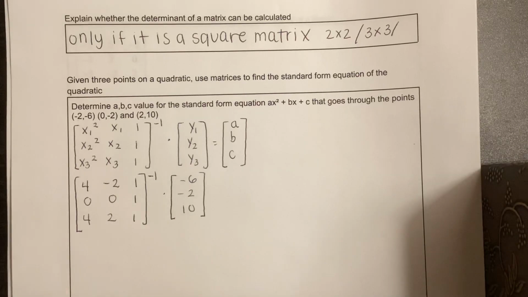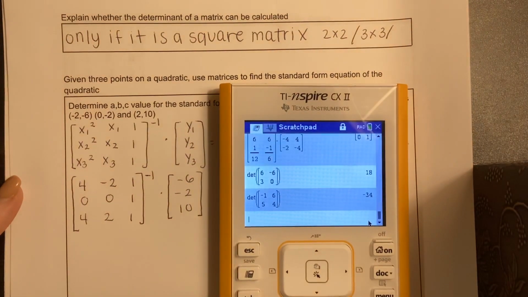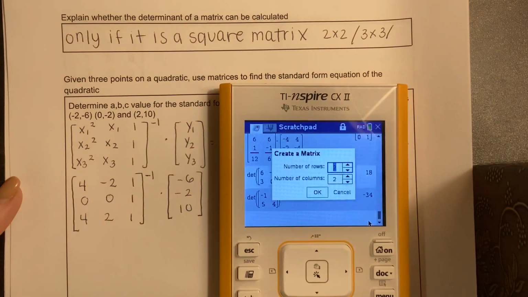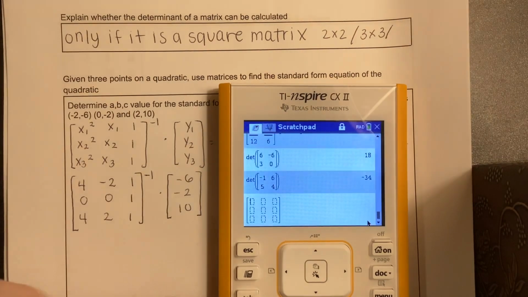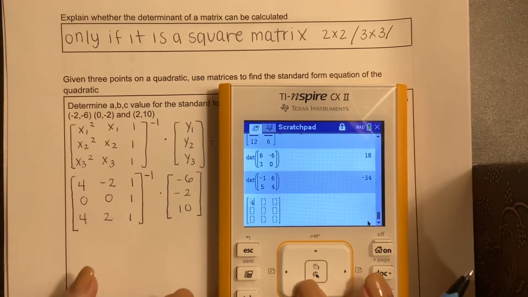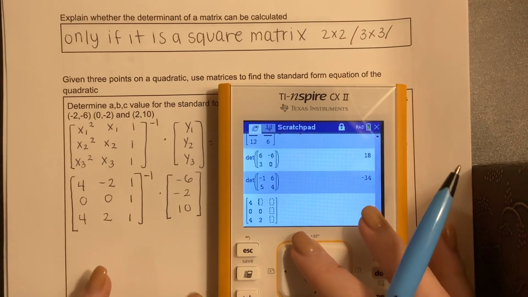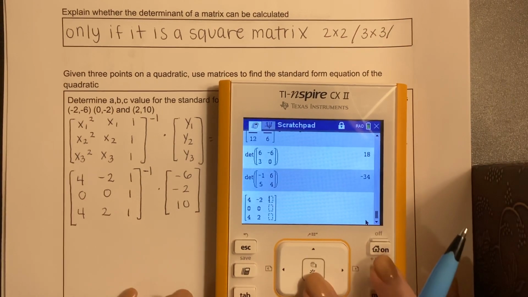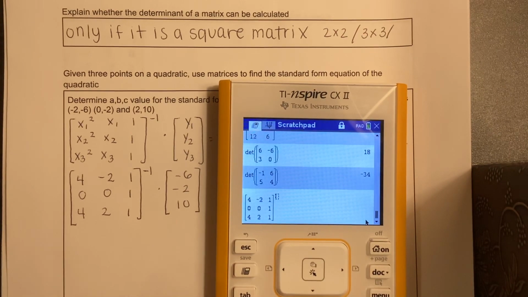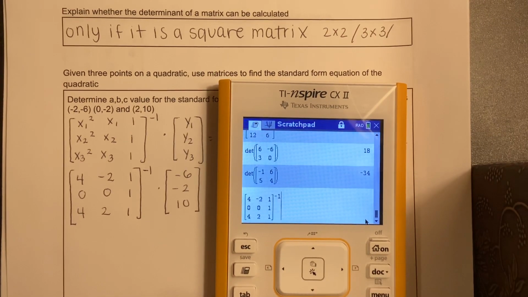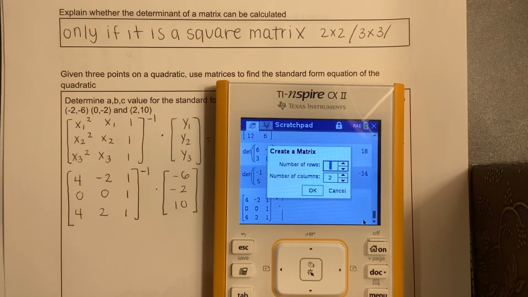So if you were to type this in the calculator, we're going to start by inputting our first matrix. It's a 3 by 3, and it's 4, 0, 4, 2, 0, -2, 1, 1, 1. We need to raise that to the -1 power, and then multiply it by our other one.